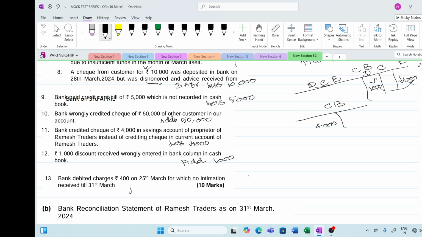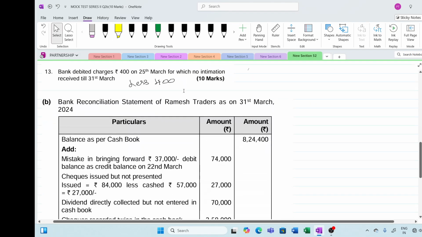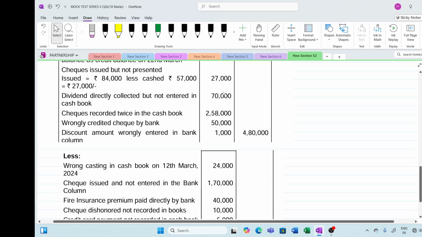All of you know that you have to reduce the bank balance, because we are moving on to the balance as per bank statement. So this is what is given here. I am giving you in short the mistakes which happened. We were adding 74,000, and 57,000 is in cash. So 27,000, and dividend directly collected you have to add, because we are moving on towards the bank statement balance.